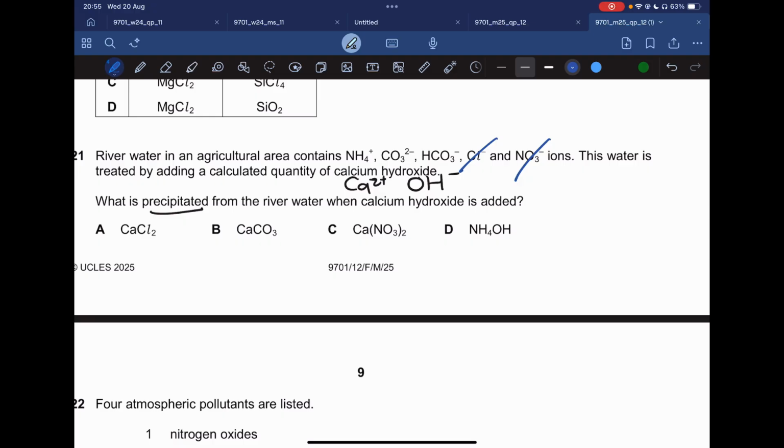Now we just need to decide between these compounds over here, right? Could it be NH4OH? No, because that's just NH3 aqueous. Okay, so that is not a precipitate, that's just a solution. And we decided that it can't be this one because nitrates and chlorides are always soluble, so it has to be B.